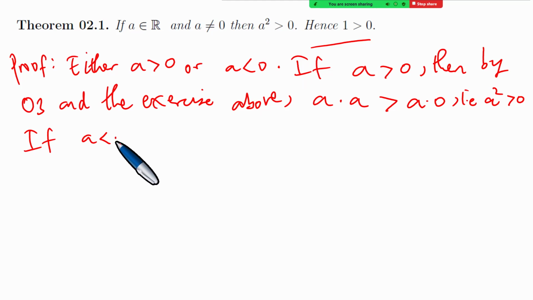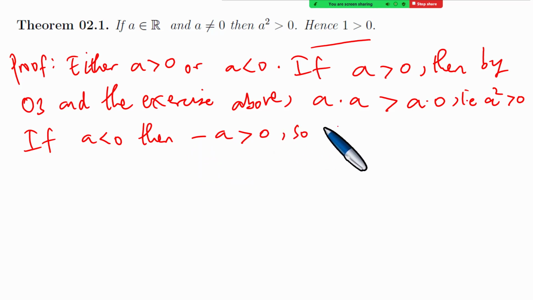If a is negative, then we can multiply both sides by negative. If we multiply both sides by negative, then the inequality is going to change direction, to be greater than. Because if a is negative and you multiply by negative both sides, the inequality changes direction.